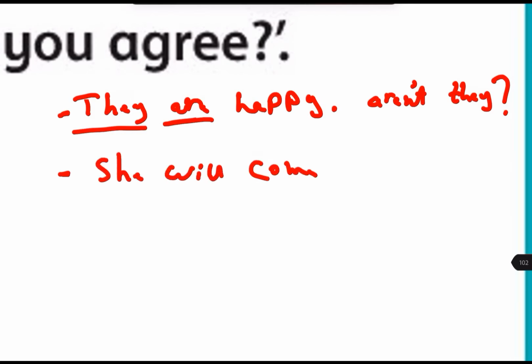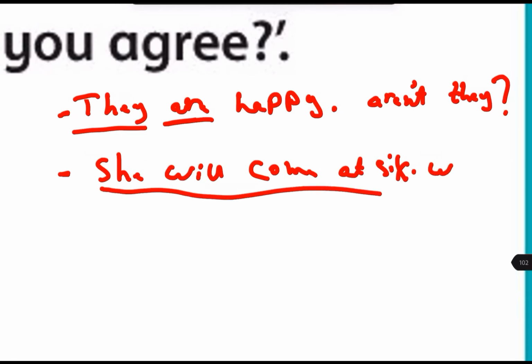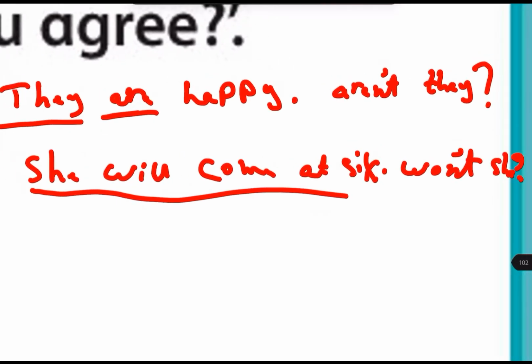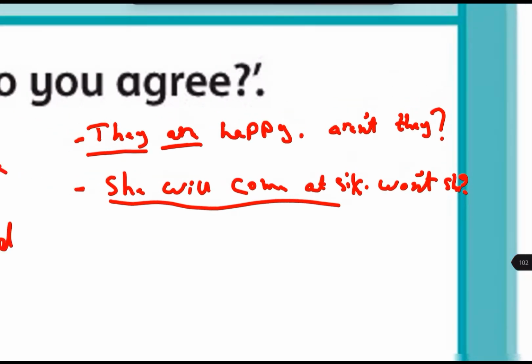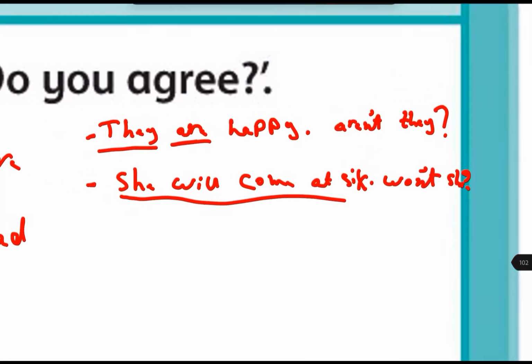Another example, she'll come at 6. If you look at it, it is a positive sentence. We have to change it to a negative sentence. Won't she? Another example, he can't help.